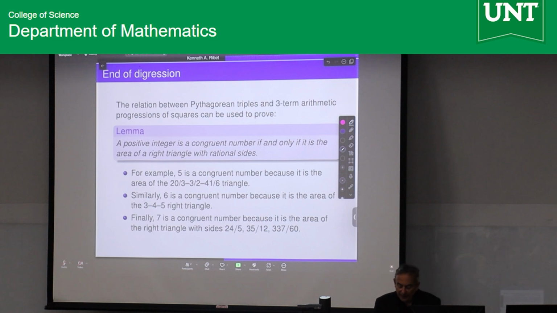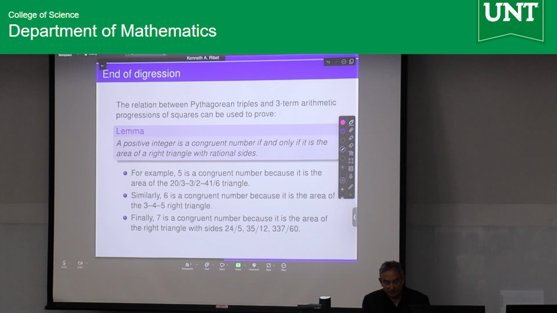And the lemma, which is what I just told you, is that a congruent number is exactly a number that can be written as the area of a triangle with fractional sides. So for example, if you want to get 5 as the area of a right triangle, you can have the legs be 20/3 and 3/2.